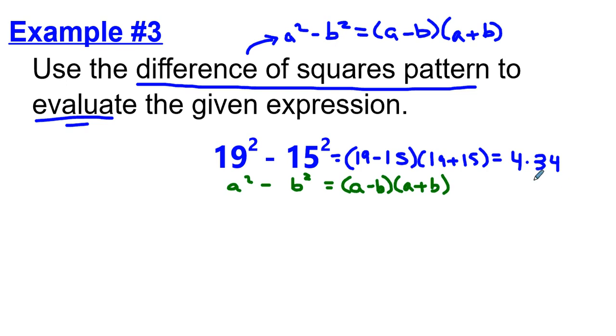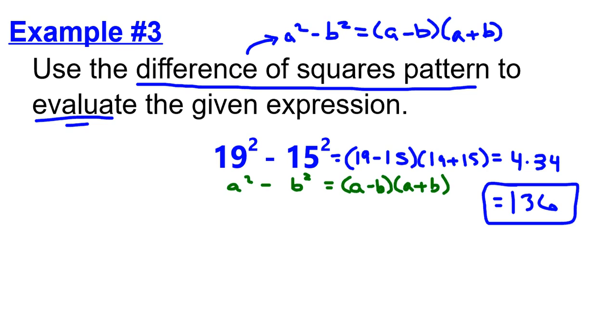So this is much easier to evaluate in your head. I mean, 30 times 4 is 120, 4 times 4 is 16, so 120 plus 16 is 136. And that is it. That's the value of 19 squared minus 15 squared.